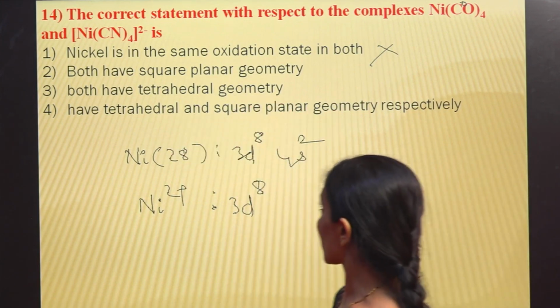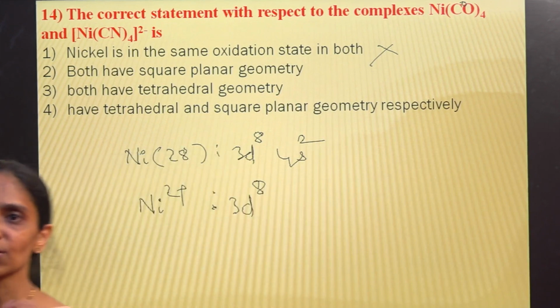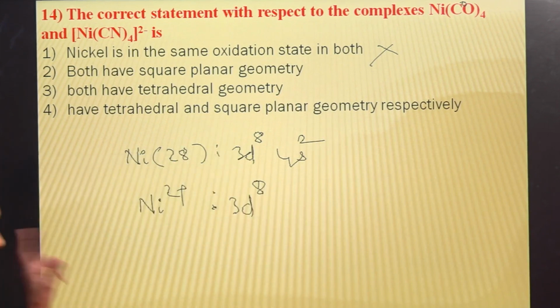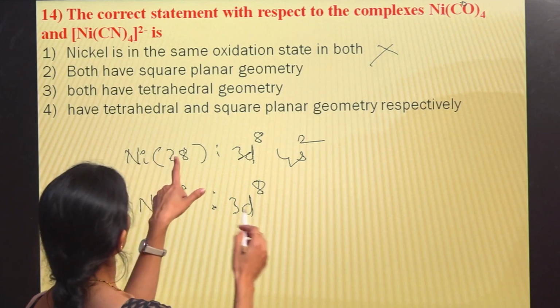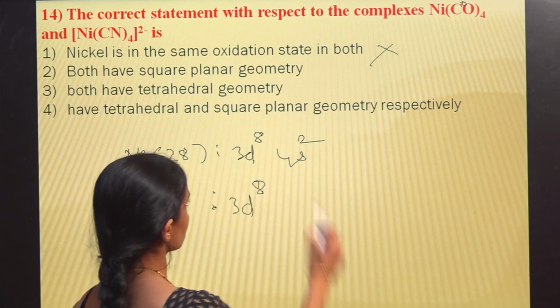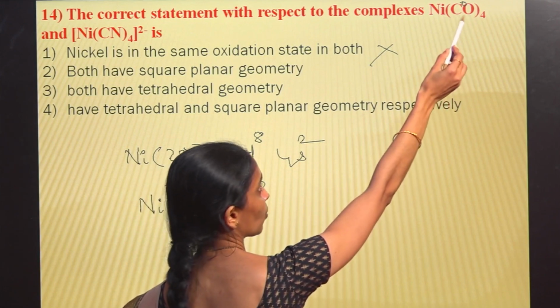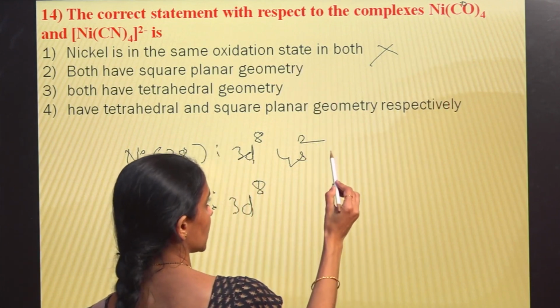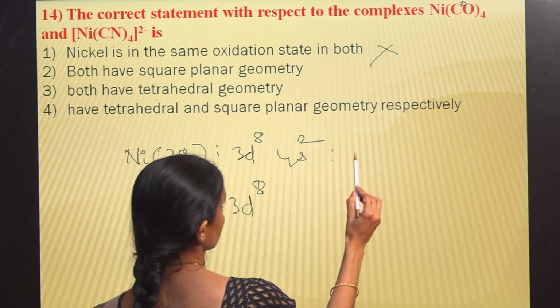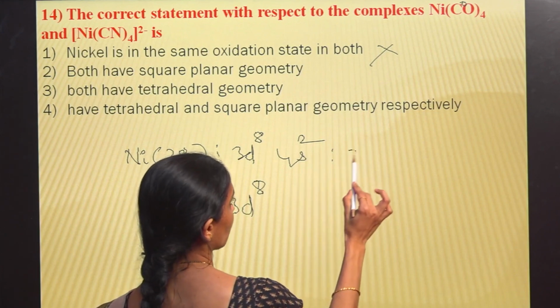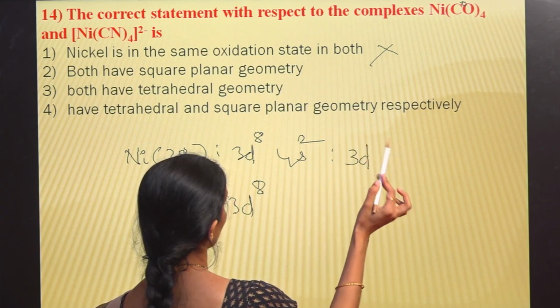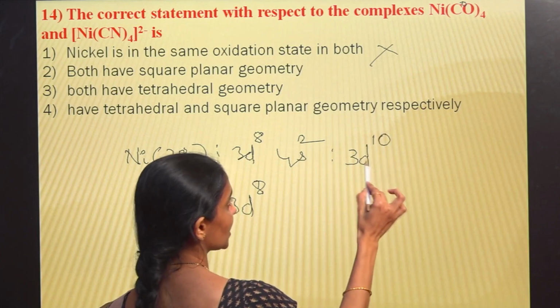The rest of the statements are on the shapes or the geometries of the complex. So let's find out the geometry. In the first complex, you have this configuration, and because carbonyl is a strong ligand, I've already told you that electron pairing is brought about and the configuration becomes 3d10.